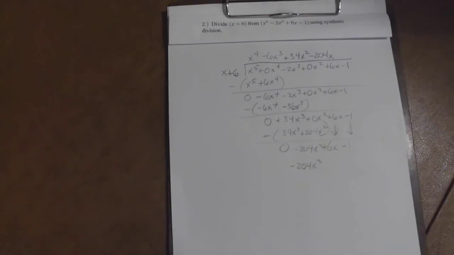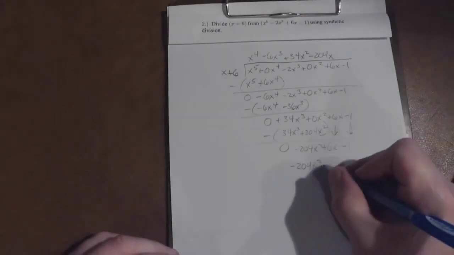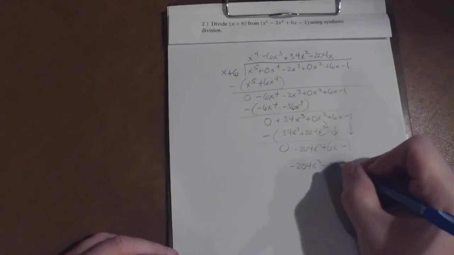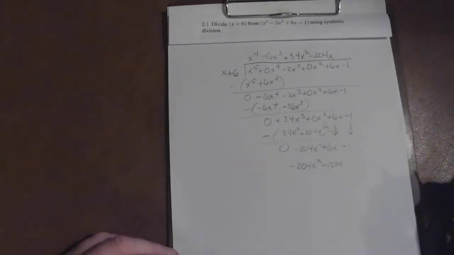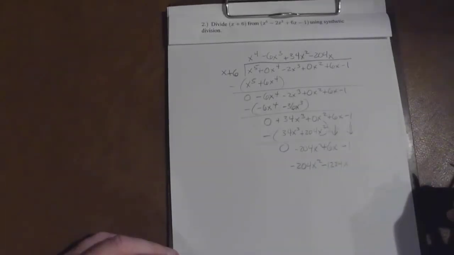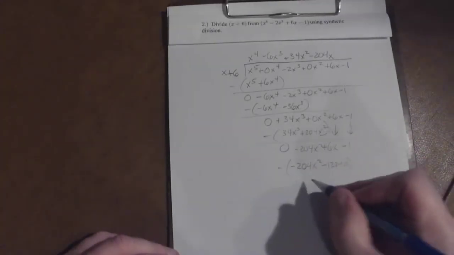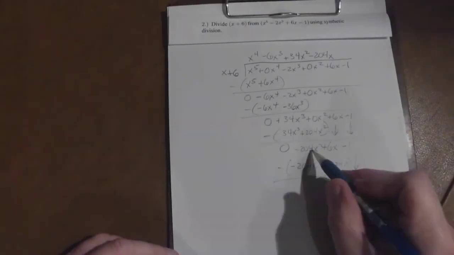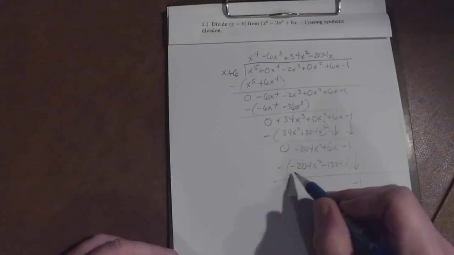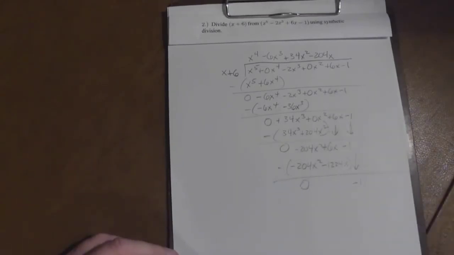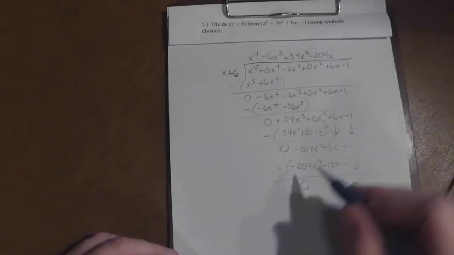Now, 200 times 6 is 1200, and 6 times 4 is 24, so this is actually going to be minus 1224x, right? And we're going to subtract that from above and bring down the minus 1. Negative 204x squared minus negative 204x squared is 0.